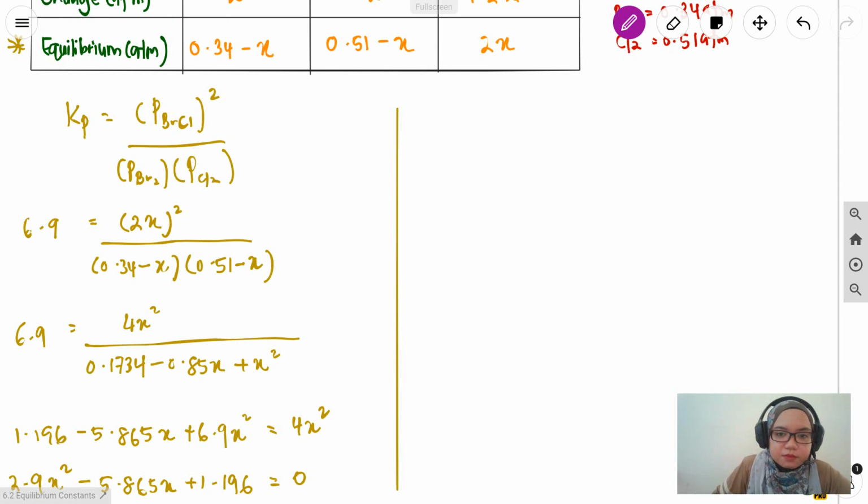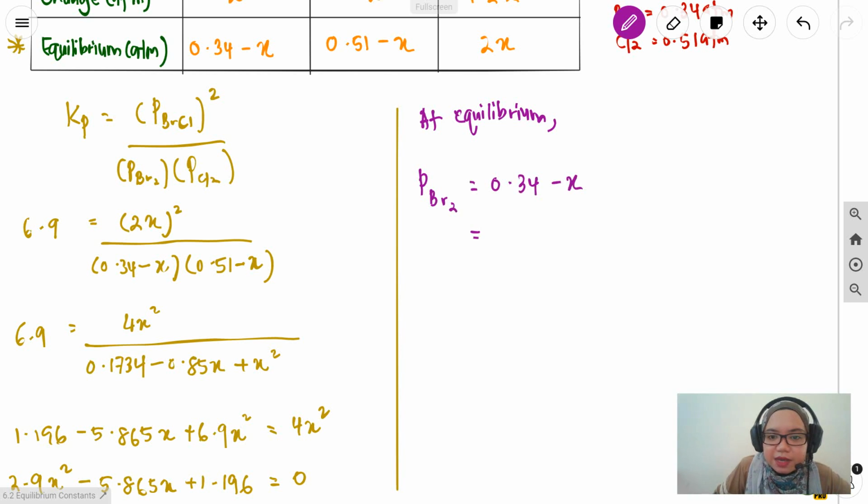So at equilibrium, the partial pressure of Br2 is equals to 0.34 minus x, where x is 0.230.